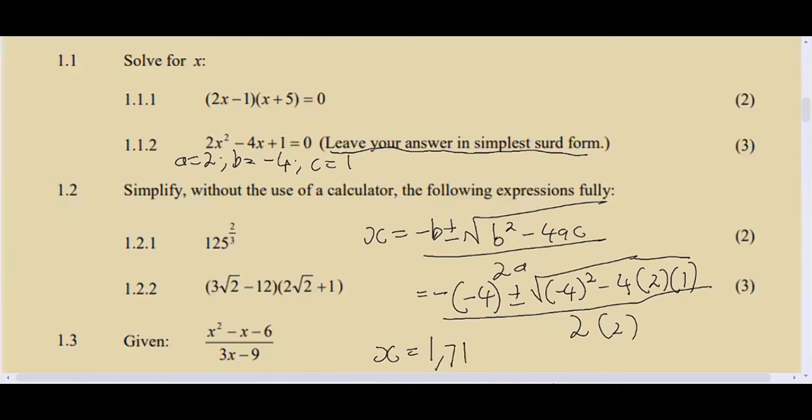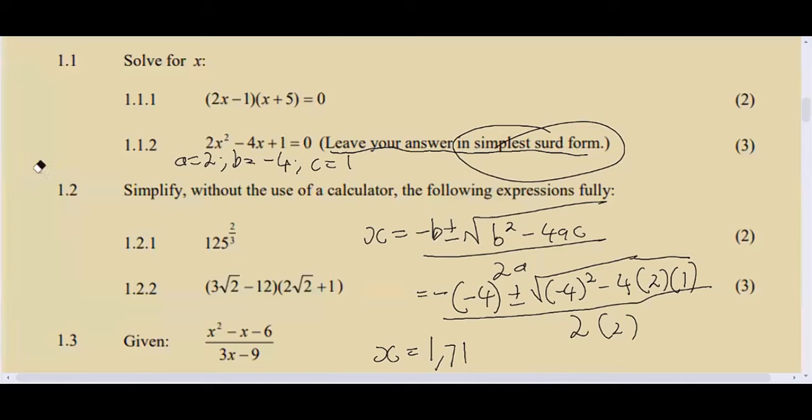And then there you go, you get the answer, so it becomes x is equal to 1.71 if we are rounding off to 2 decimal places, because the statement here is saying leave in simplest surd form. So we must leave it in surd form. Okay, my mistake there for not reading the statement. So in surd form, we have (2 plus √2) over 2, or x is equal to, then we know that we just need to change that one to a negative.